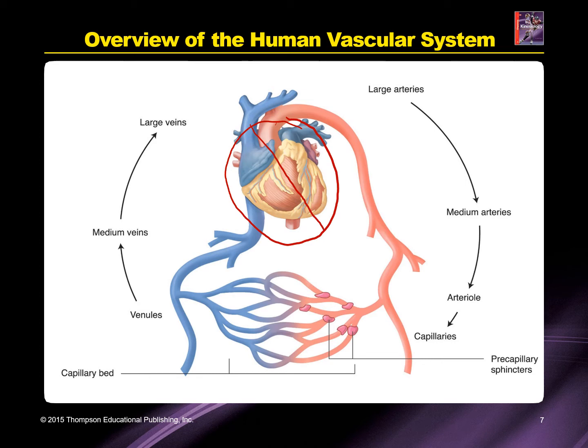The right side is the veins traveling towards the heart, and then you've got the arteries on the left side that are traveling away from the heart. And as blood pumps from the left side, you'll notice that it gets branched out. These are arterioles, all of these branches. And then as they eventually get to this point right here, that's called the capillary bed.